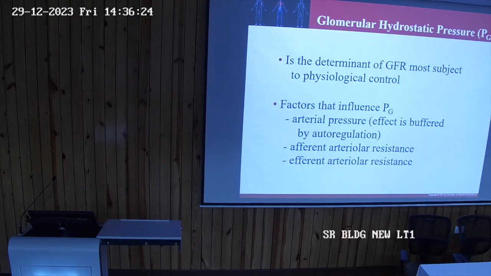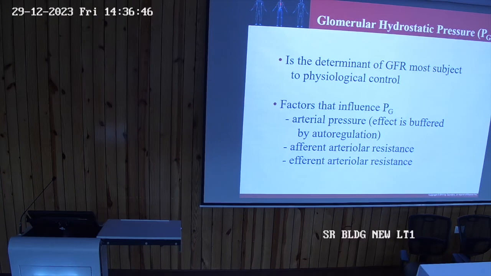So whenever there is a change in the diameter of the afferent and efferent arteriole, it is definitely going to change the hydrostatic pressure, but this change is regulated or maintained with the help of the auto-regulatory mechanism, unless an extreme change in pressure is seen.